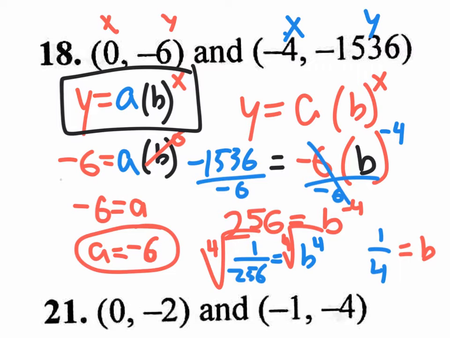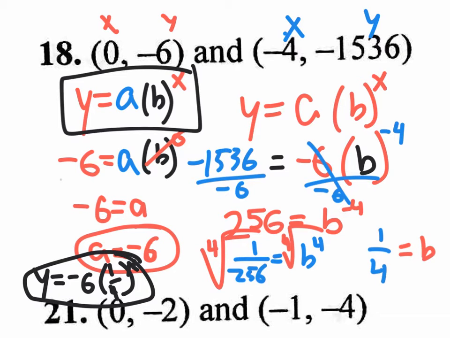At this point, your final answer will be y equals a, which is -6, times parentheses the base 1/4 that we found to the x power. So that's the answer. Y equals -6 times base 1/4 to the x power.